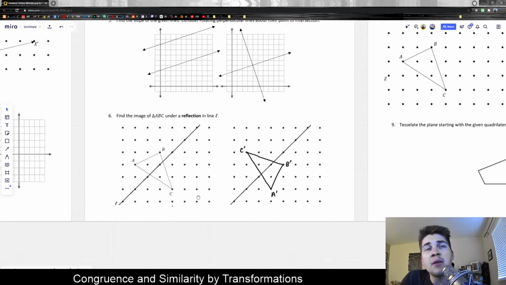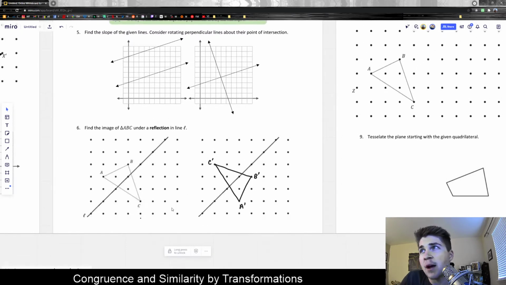But anyways, we were talking about reflections as we wrapped up, and we looked at an example about reflecting a triangle about a line L. I also wanted to mention that one of the online homework problems was not the correct image under a reflection. Remember, the key with a reflection is that each point needs to be perpendicular and equidistant to the line of reflection to its image.